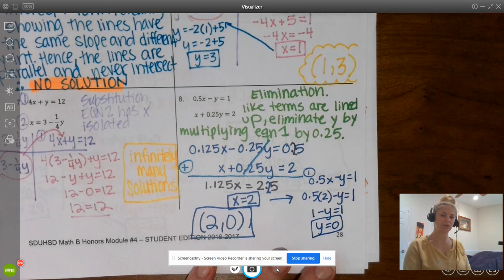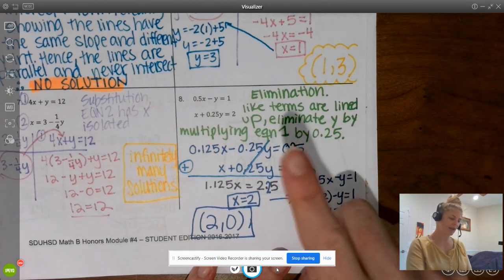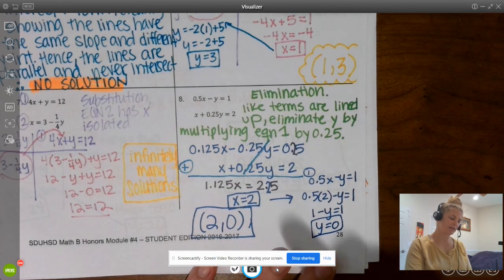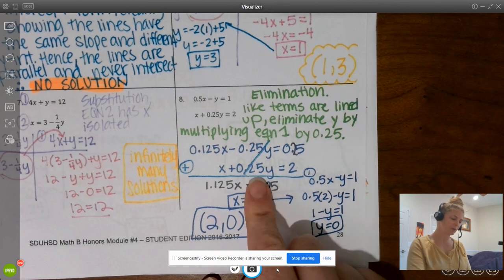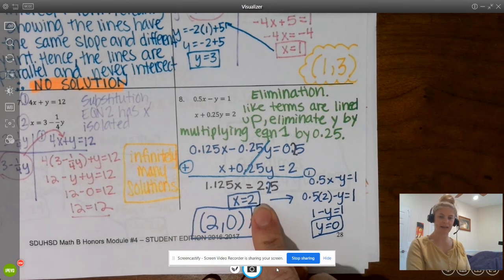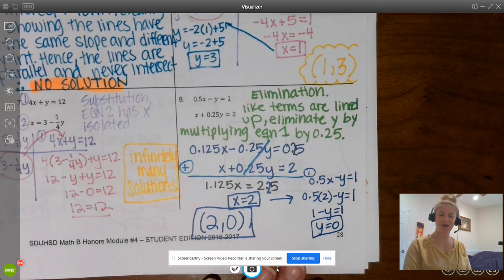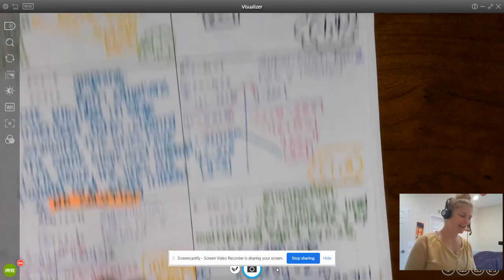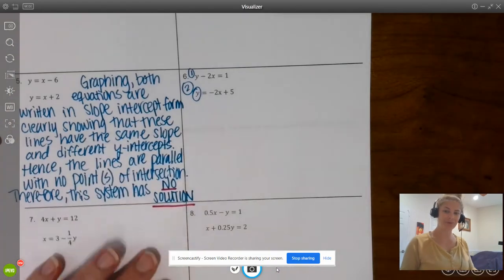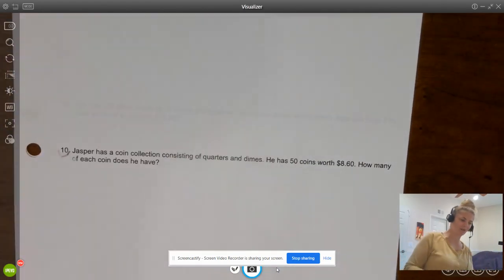It's just one step, just like subtracting would be. And so here, with elimination, the y's cancel out. I solve for x to get 2. I get y to be 0, so my final answer is (2, 0). Excellent. I hope that was a great review of solving systems.